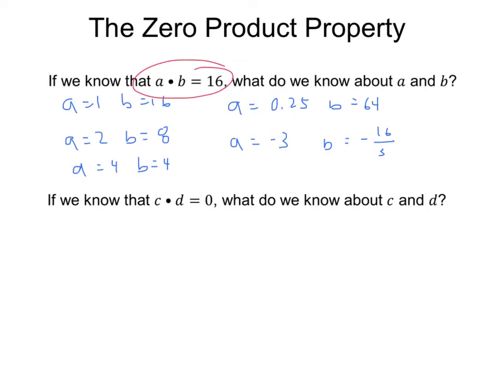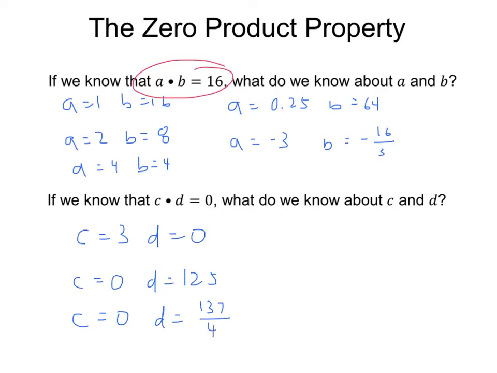Now, what about the second one? If we know that C times D is equal to 0, what do we know about C and D? Well, we don't know exactly what both of those numbers are because, for example, C could be 3 and D could be 0. That would work. Or C could be 0 and D could be 125. Or C could be 0 and D could be 137/4. We don't know exactly what C and D are, but there is something that we do know.